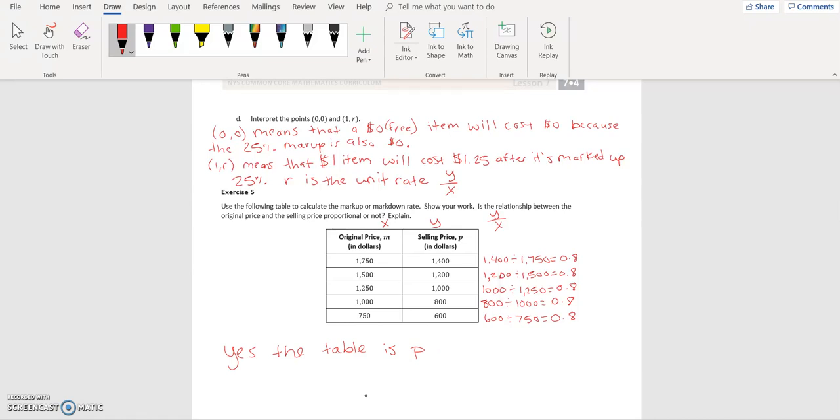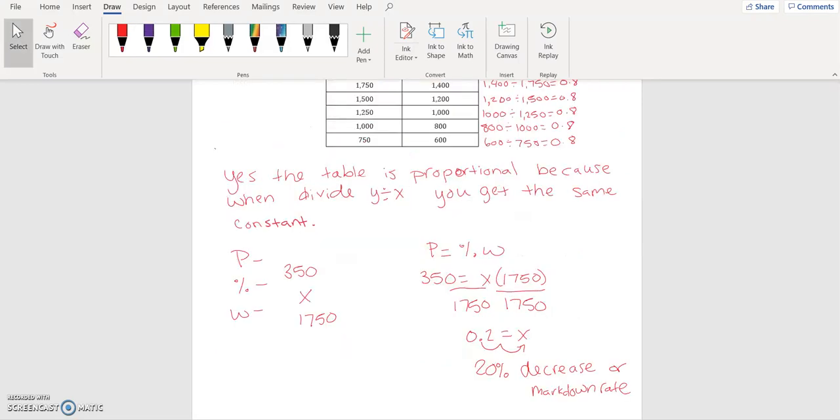Proportional because, okay, so we're just going to go through talking about this because the computer was acting funny.